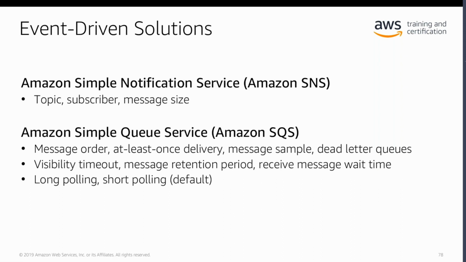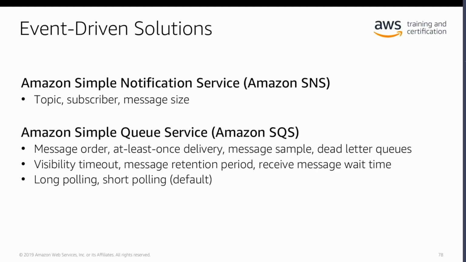In SNS, you have topics, subscribers, and message sizes. I post a message to a particular topic that gets pushed out to all my subscribers out there. In SQS, you have a queue where you put data into the queue, and then someone's job is to pull that queue, and they can pull it through a long cycle or a short cycle, but someone has to pull that queue, and they have to then delete the message before the visibility timeout expires.